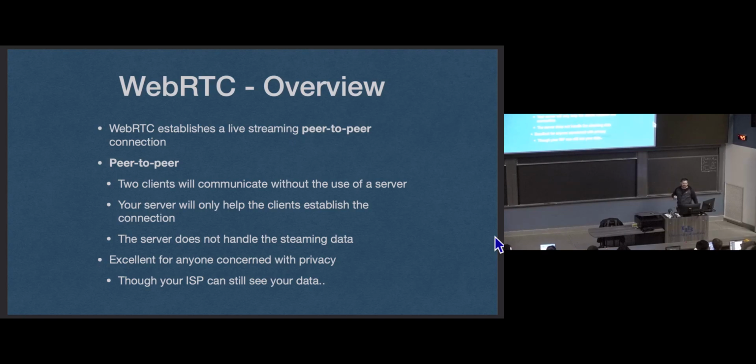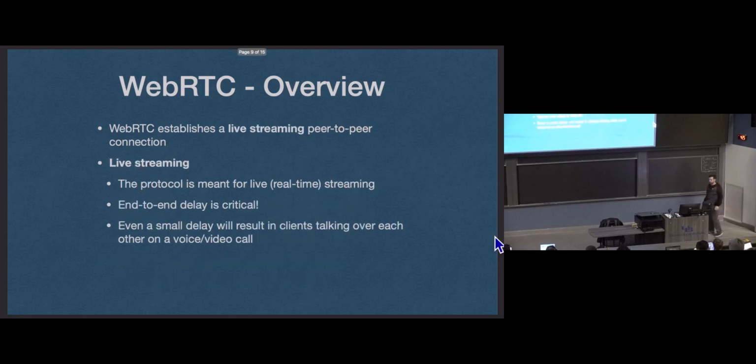So peer-to-peer. Privacy takes the server out of the equation. Live streaming. What we want is real-time streaming data where speed is important. Not necessarily speed. Delay is the word I'm looking for.